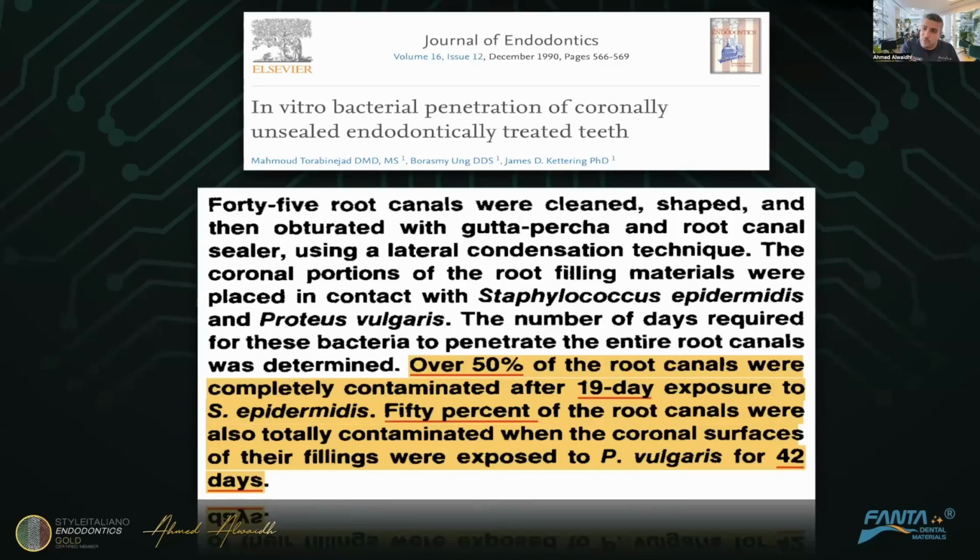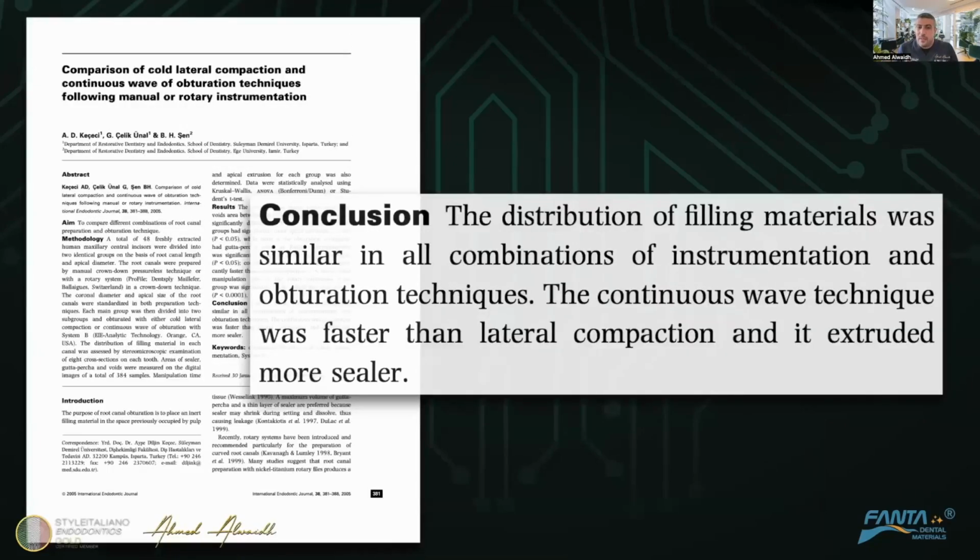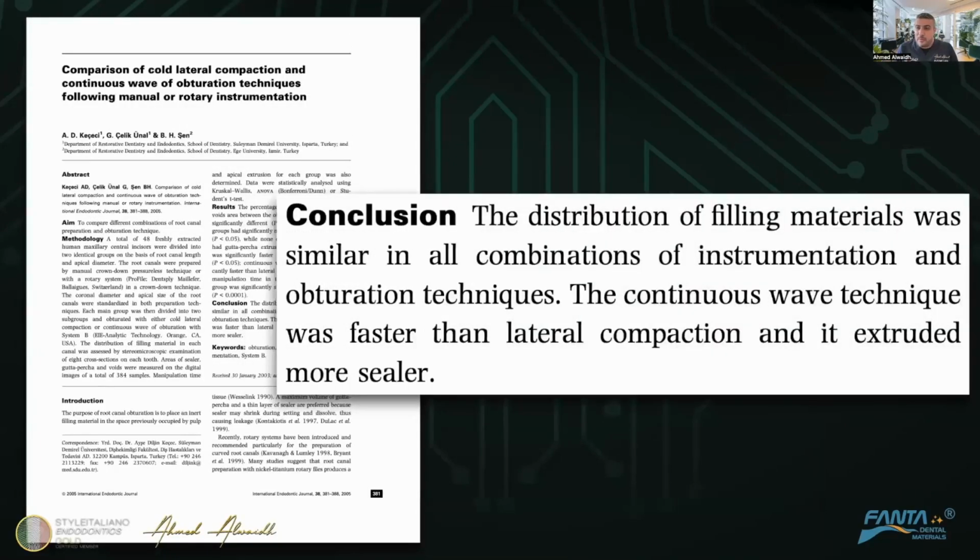Because we have more voids, which are easier to be penetrated by bacteria. And also, they found, in another paper on the distribution of filling material, that regardless of the instrumentation, the continuous technique was faster and extruded more sealer. So we need to have more control.